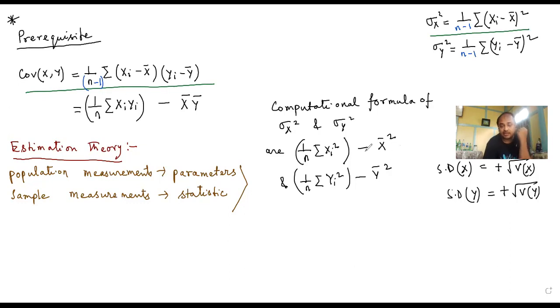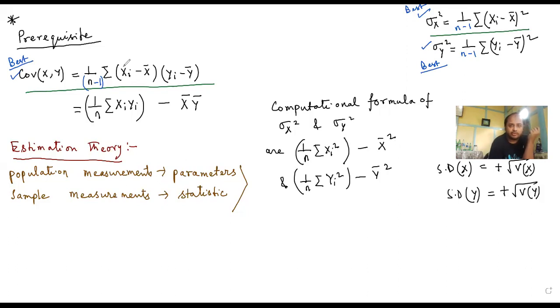In these circumstances, the sample covariance best estimates the population covariance, and the sample variance best estimates the population variance. So this is the best measurement. The only difference is that instead of dividing by n, we are dividing by n minus 1.